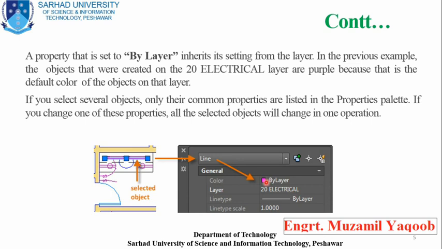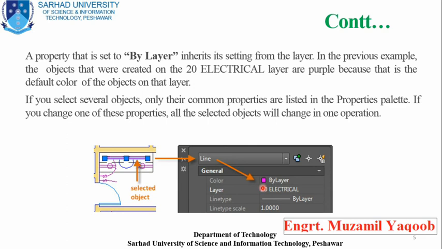The color is purple because that is the default color of the objects on that layer. If you select several objects, only their common properties are listed in the properties palette, and if you change one of these properties, all selected objects will change in one operation.